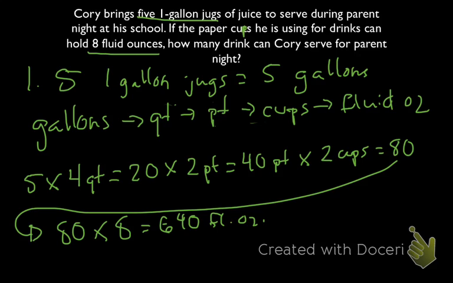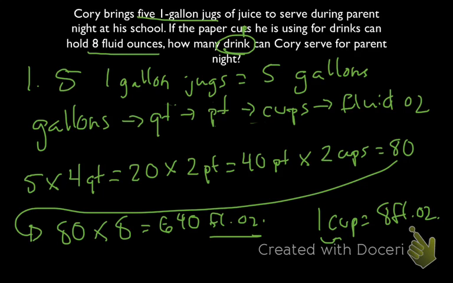Now we're trying to figure out how many drinks or how many cups he can serve. We see that 1 cup here is equal to 8 fluid ounces. This is still in fluid ounces. We have to change this back into cups. So really we're going to have to divide this again by 8.